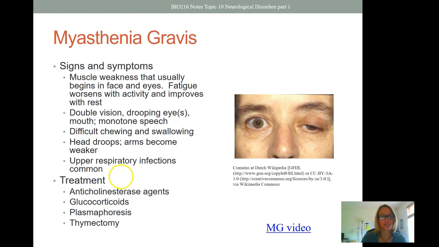Less breakdown of acetylcholine, so more depolarization. Glucocorticoids for the inflammatory response. Plasmapheresis, if they're having an acute crisis, you can wash out the antibodies in their blood. And then removal of the thymus gland.